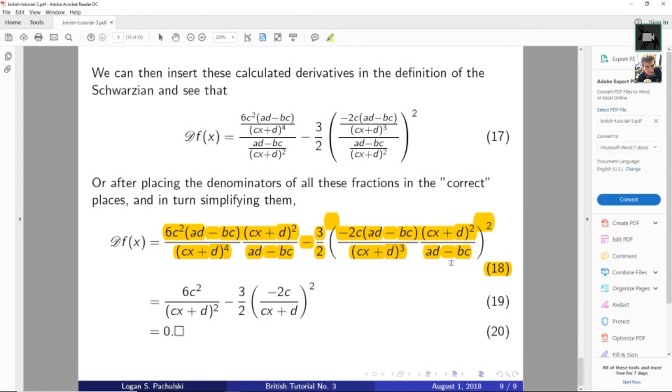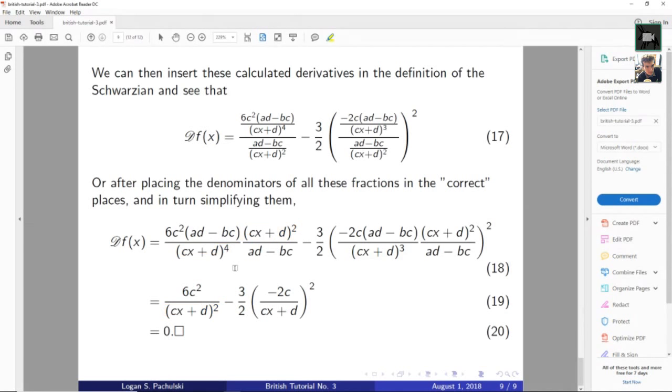This is equation 18. We can then cancel the occurrences of ad minus bc across and the occurrences of cx plus d. That works very well. This is going to result in a cx plus d squared on the bottom, as we can see here, by the power rule of division.